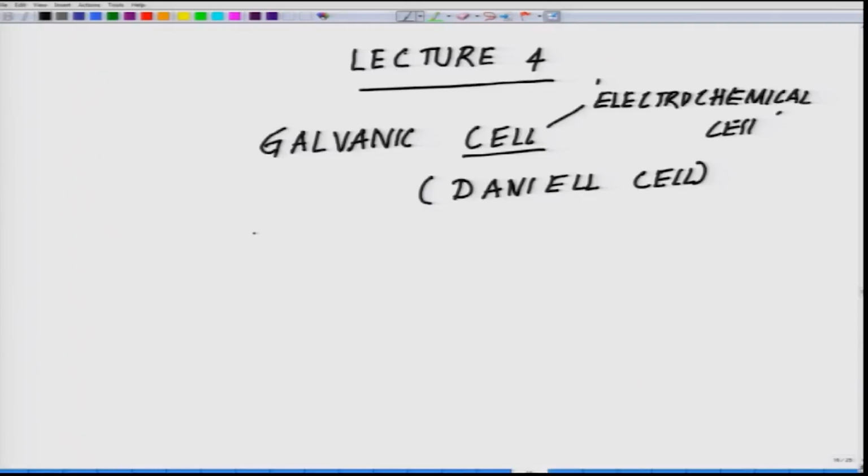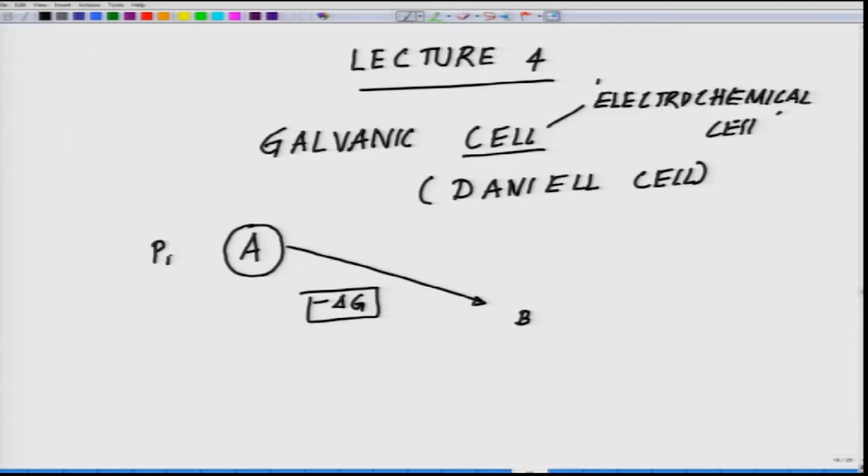Now, when we talk about a flow of current from A to B, assuming that delta G is negative, it is a spontaneous process. Now, this will happen when A is sitting at a particular potential P1 and B is sitting at potential P2. Now, how did we calculate this potential, with respect to what?